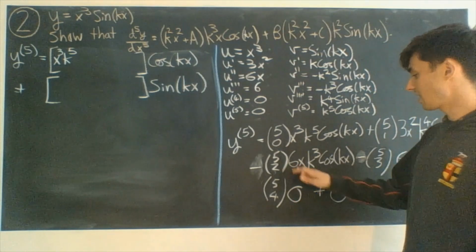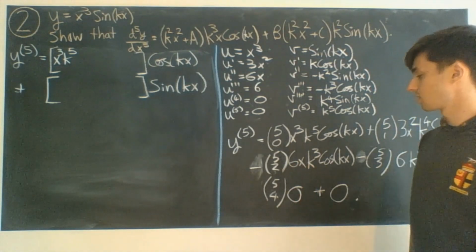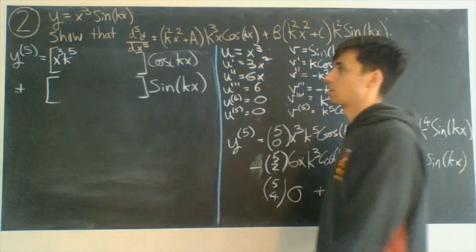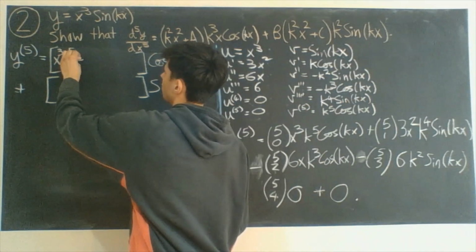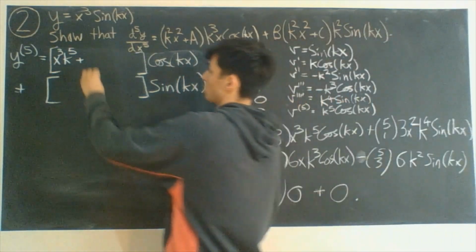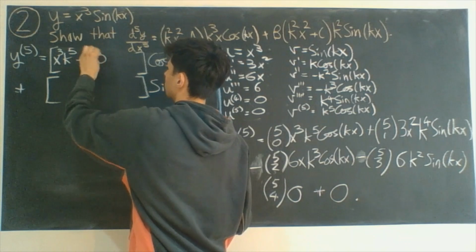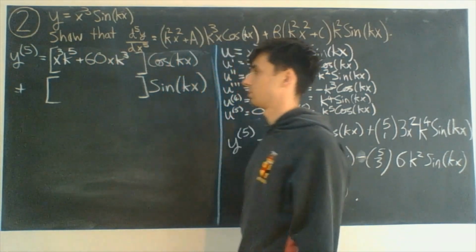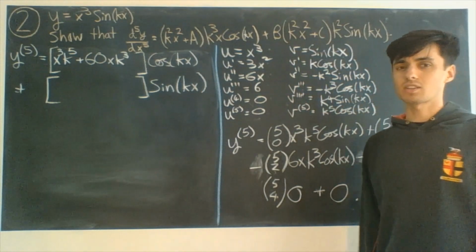But we've got 10 times 6x k cubed. So if we put that in, that gives us 60x k cubed. That's our cos kx terms done.